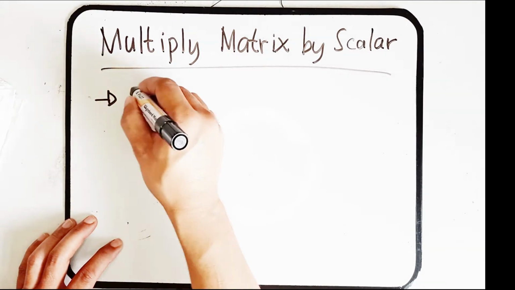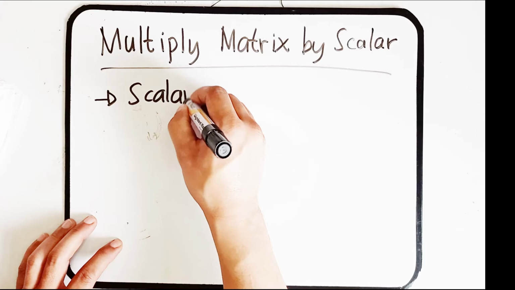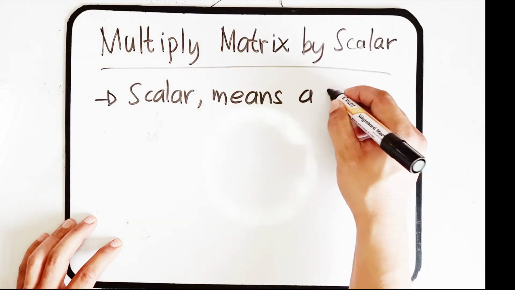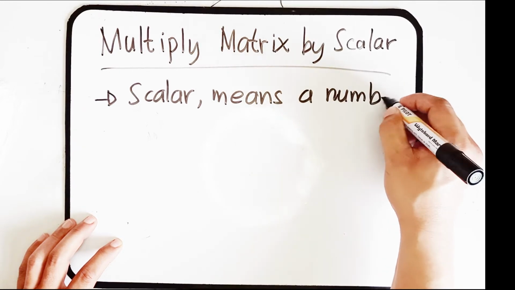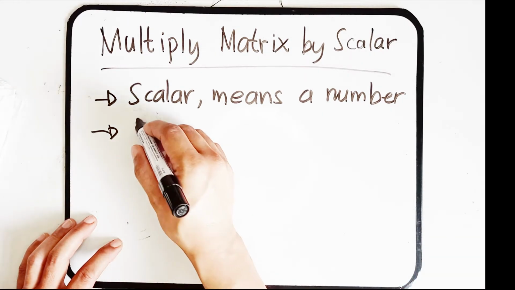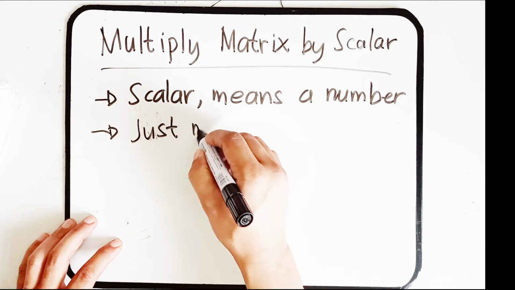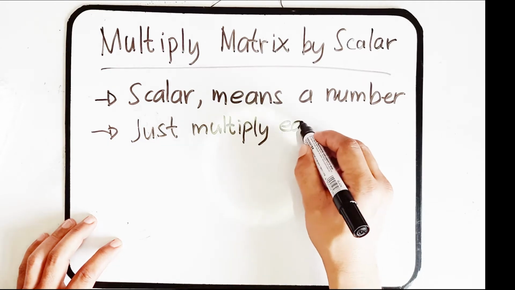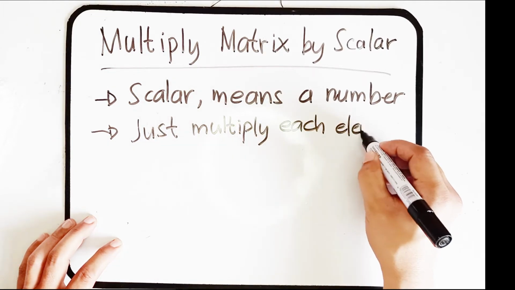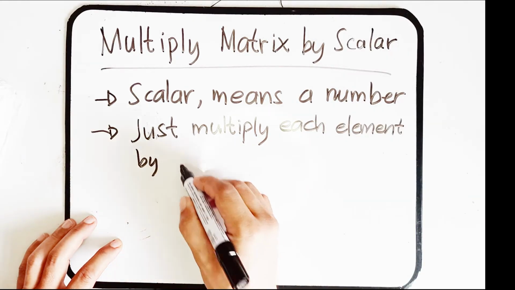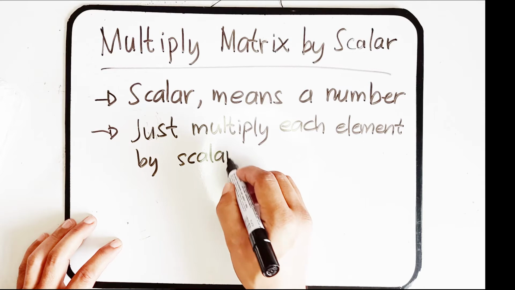When we say scalar, it means a number. When you do multiplication of a matrix by a scalar, it means that you have to multiply each element by the scalar, or by a number.